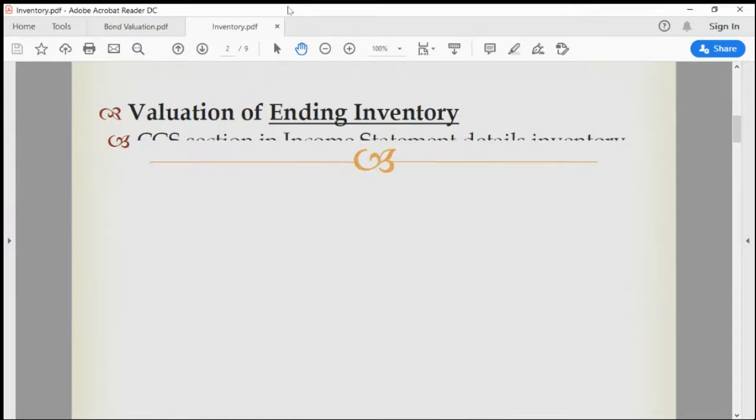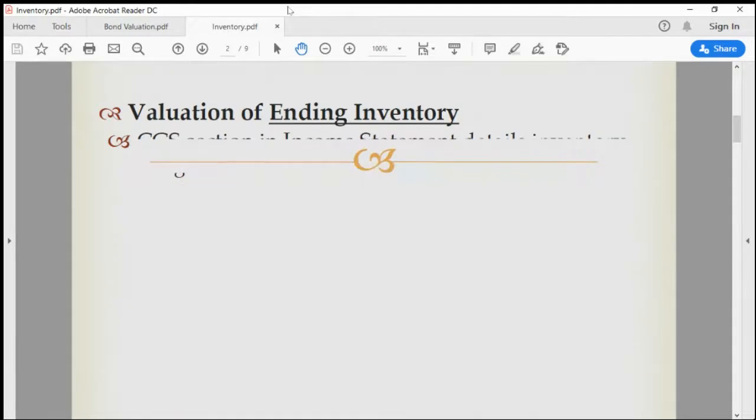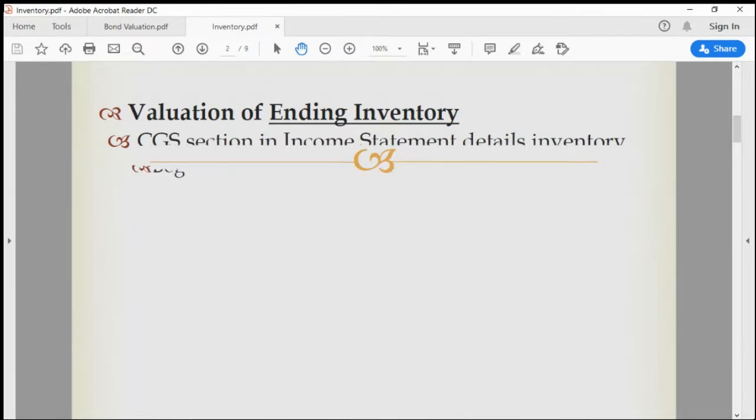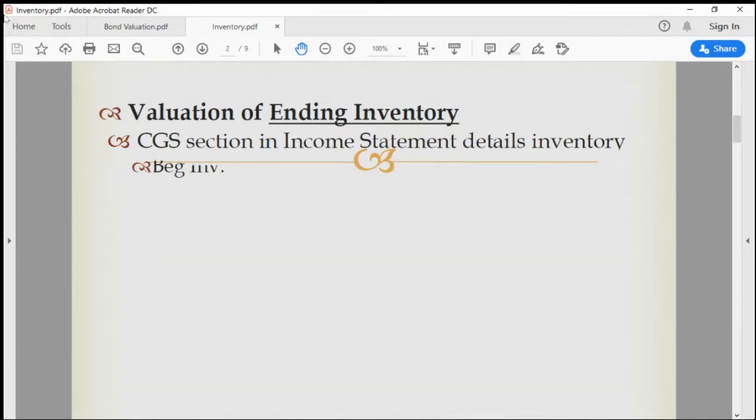You can get estimation of any element in the CGS section of the income statement, right? But the next question is, who uses inventory estimation?